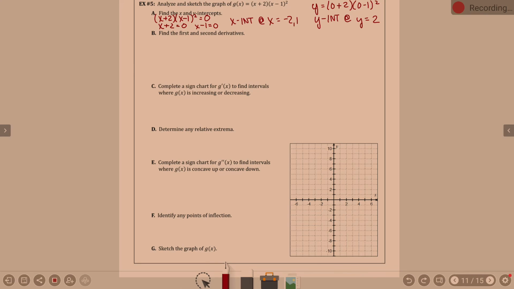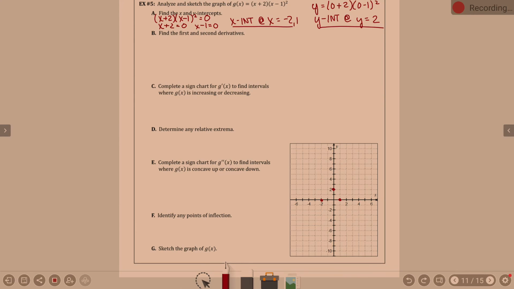And if you want to go ahead and jump down, can we go ahead and put those points on our graph? Because when we get down to G, it's going to be sketch the graph. So x-intercepts of -2 and 1, y-intercept of 2. Okay, there's something for you.